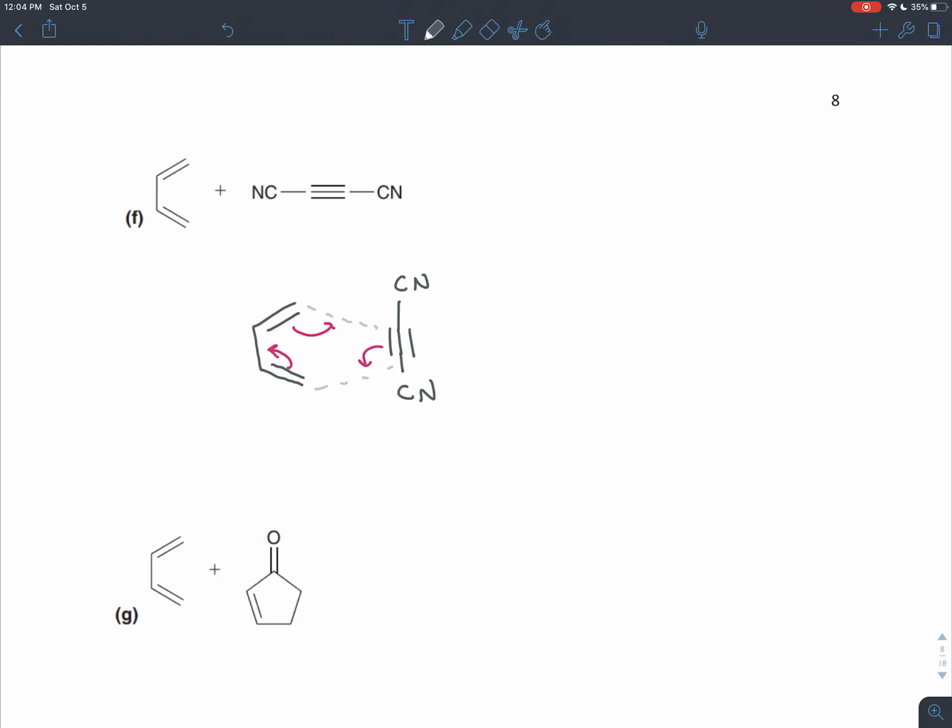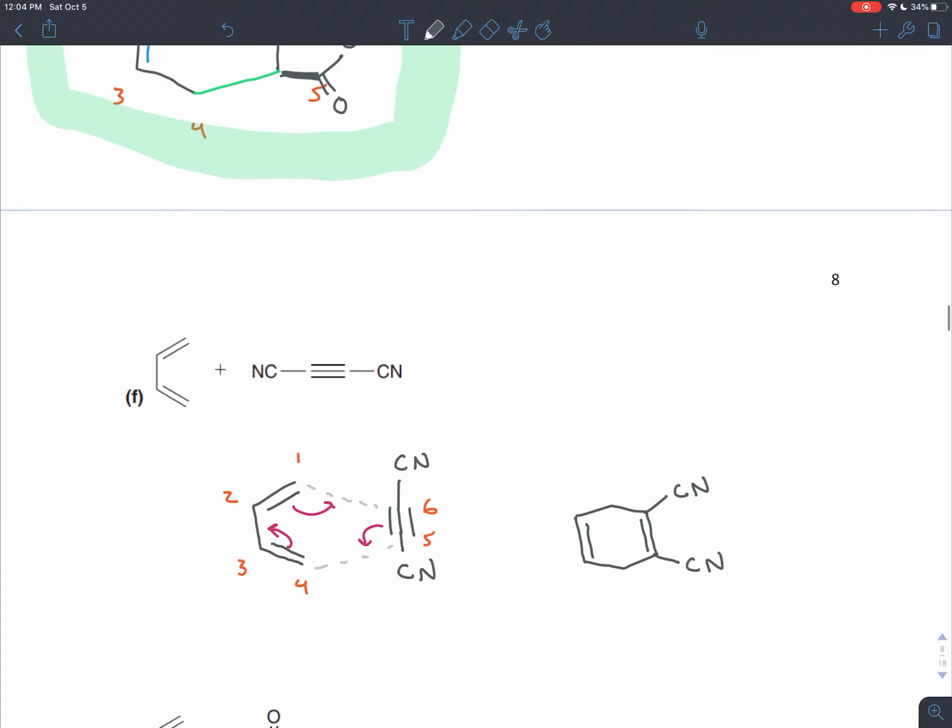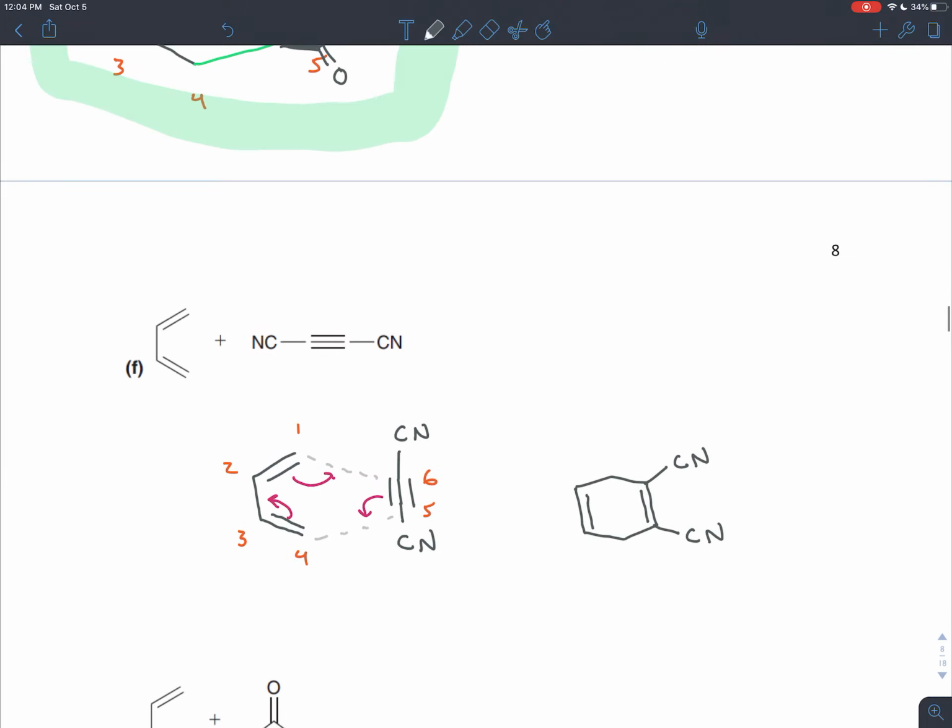And so we're going to have that six-membered ring. But now we have a pi bond on this left side. We moved one pi bond over, but we're going to have another pi bond left on this right side. So these are sp2 hybridized carbons. So the electron withdrawing groups there are going to be in the plane rather than coming out or going away. So that would be the product for that Diels-Alder reaction.